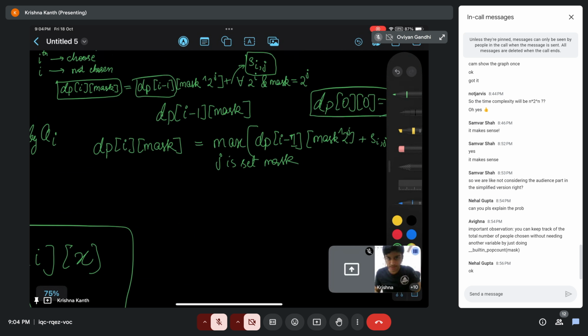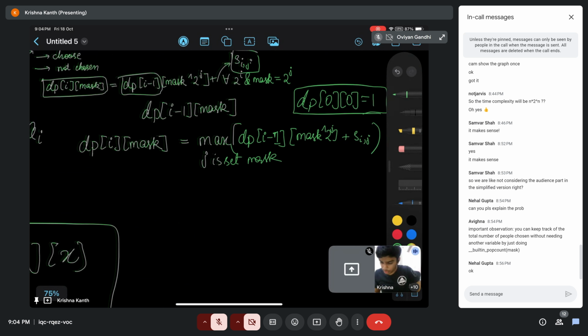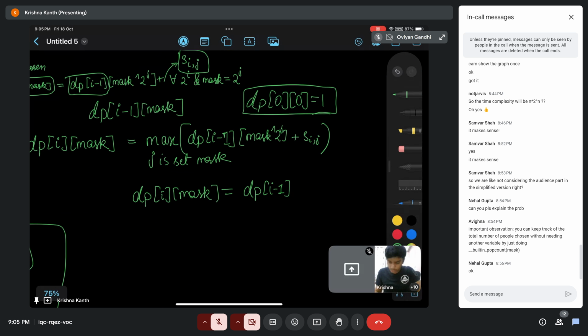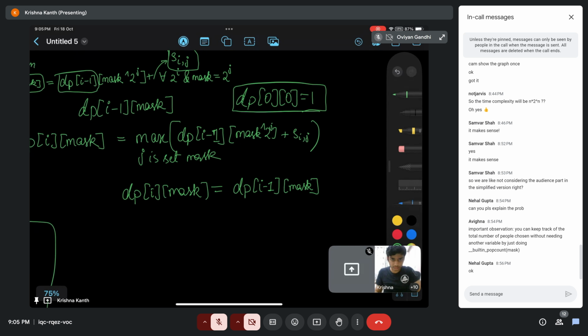So that can be handled by seeing how many bits are set in the mask and the value of k given in the input. So right now I'm talking about this position. We can choose the maximum over all of this. And if we can allot this guy to the audience, then we would also take the maximum of DP[i][mask] with the new value.